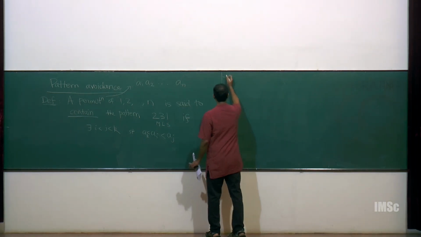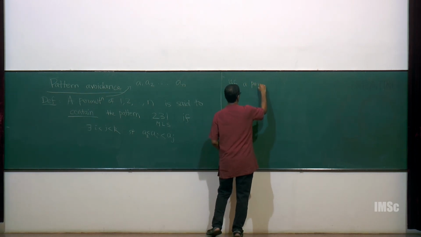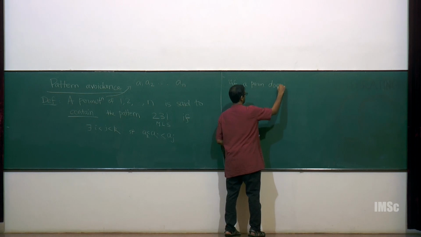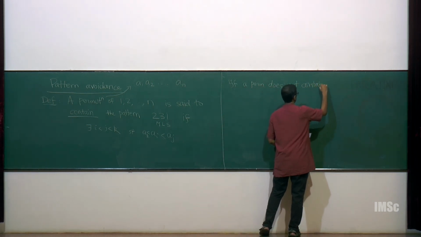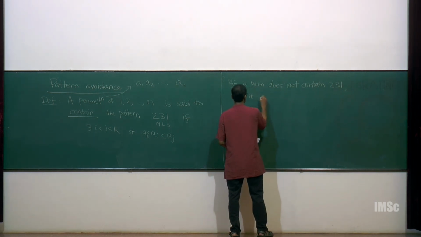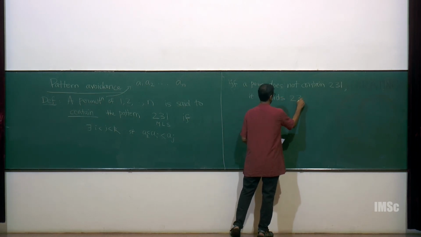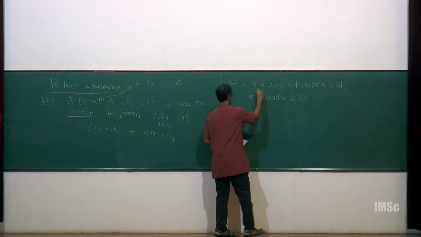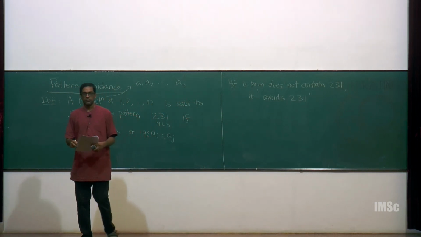So if a permutation does not contain this pattern 2, 3, 1, we say that it avoids 2, 3, 1. Okay, so that's what pattern avoidance means.